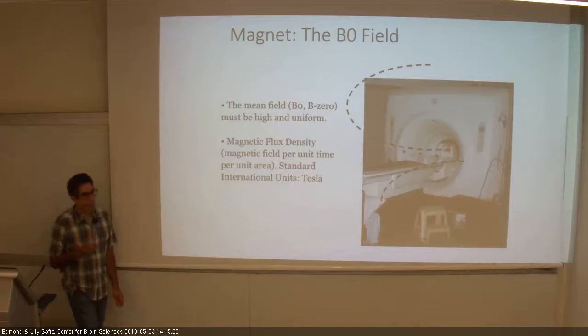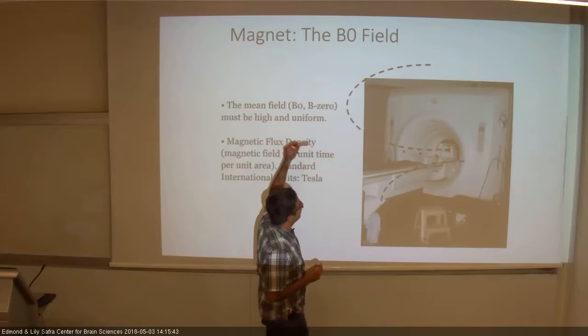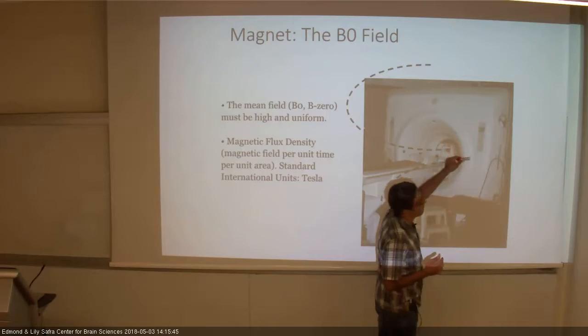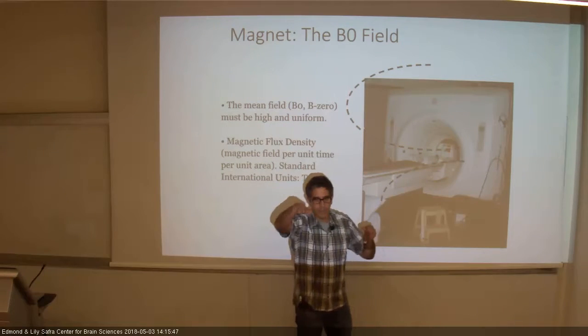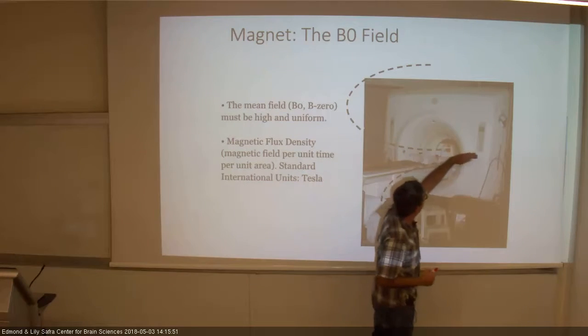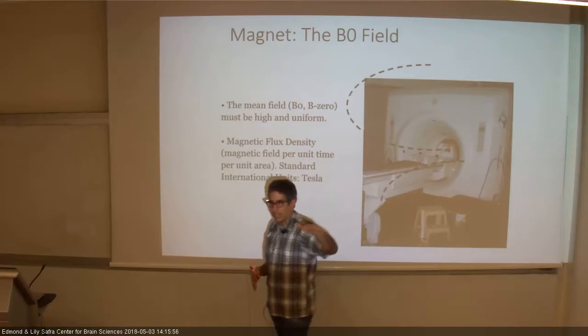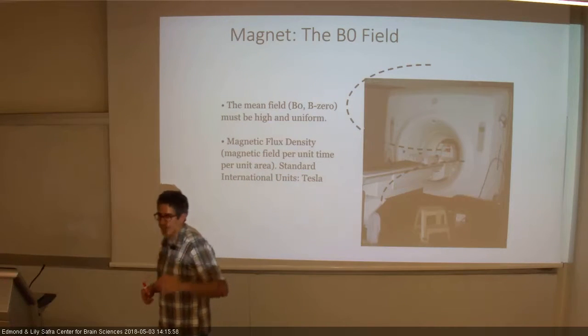So an important thing about this magnetic field is that we're going to create a magnetic field that will penetrate, if you want, the center of the magnet. We're going to call it the Z direction. This is the direction of the magnetic field that goes through the magnet, okay? And it's a constant magnetic field or magnetic flux.